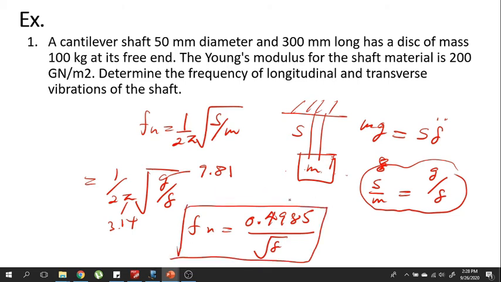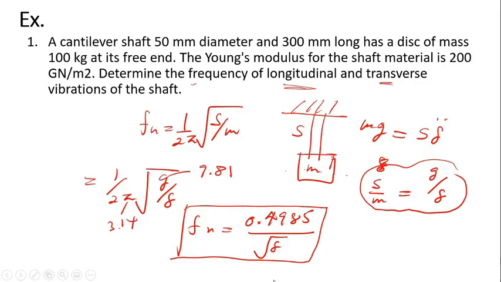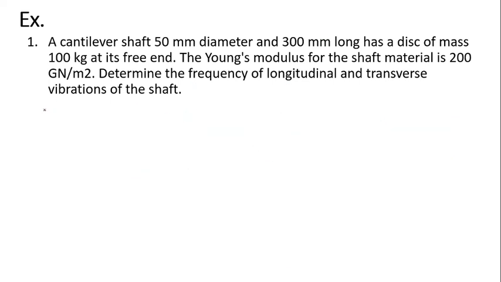You don't need to memorize this, just derive it, and you can use this expression to determine the Fn value, or the natural frequency, for the longitudinal and transverse cases.